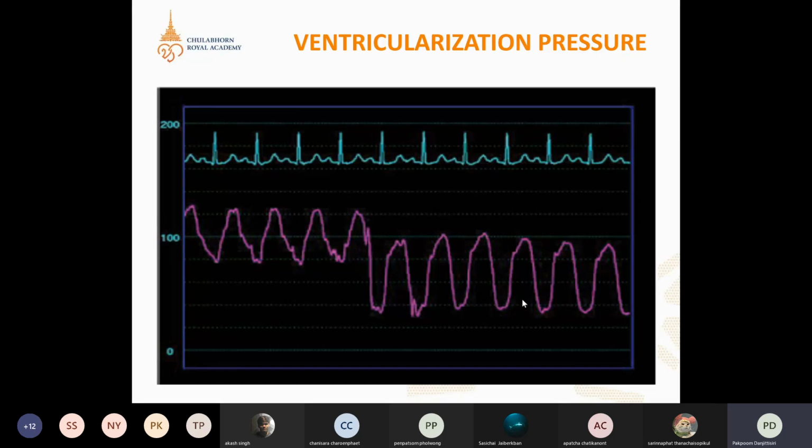You use the same air from your lung into the balloon over time. Just like that, the ventricularization pressure represents the activity of the left ventricle at that time, not the real left ventricular pressure inside the real left ventricle.